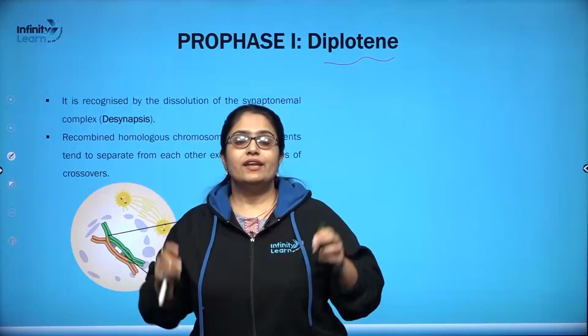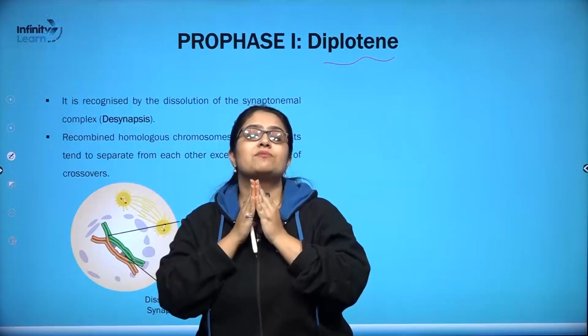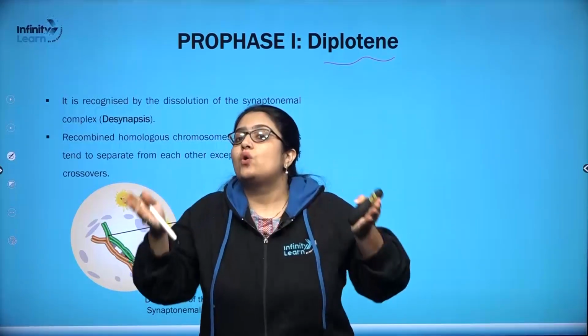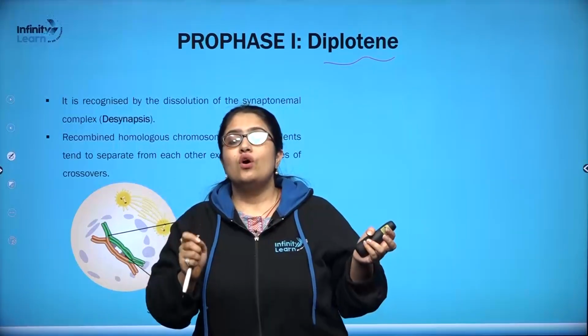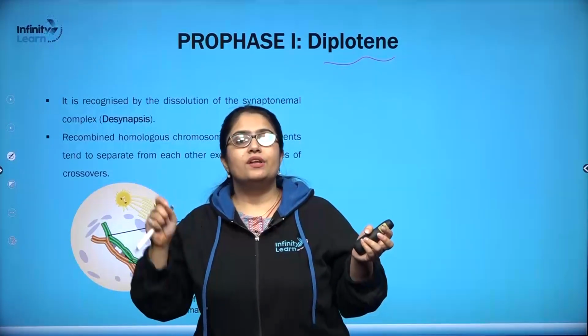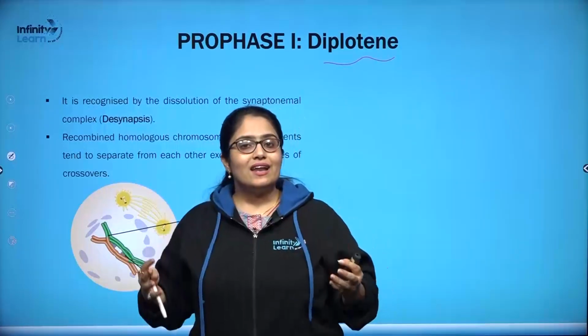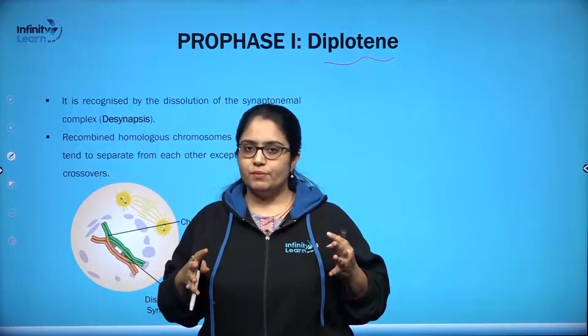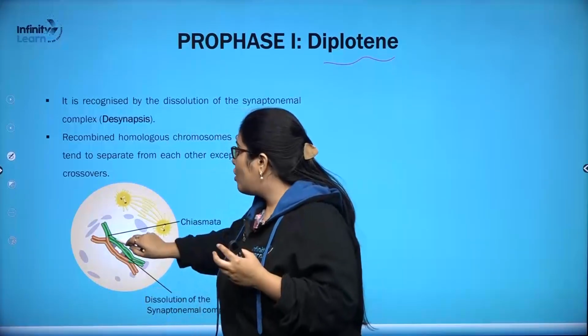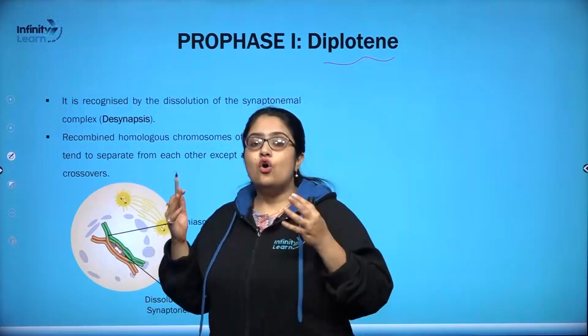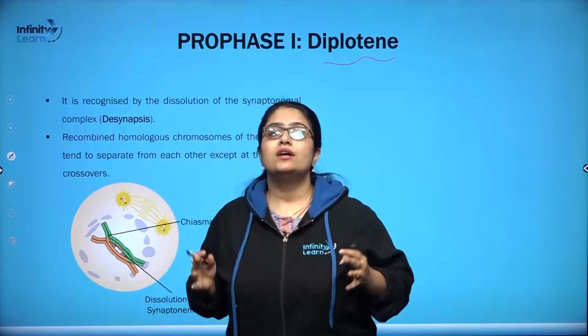Now listen carefully. These synapsed homologous chromosomes are not required to stay together, so the dissolution of the synaptonemal complex will take place. So diplotene is recognized by dissolution of the synaptonemal complex. The synaptonemal complex that was holding these homologous chromosomes together will dissolve.